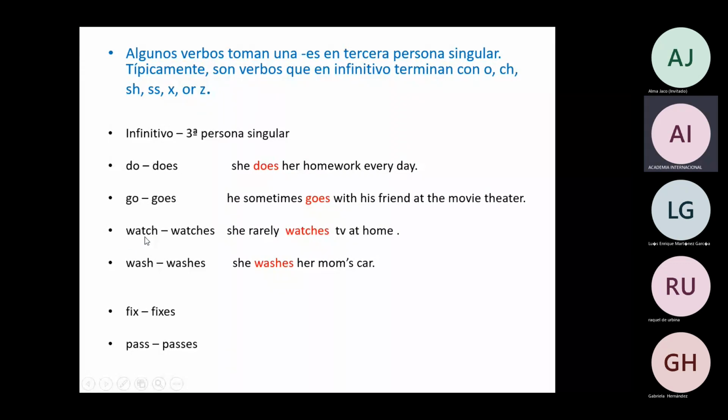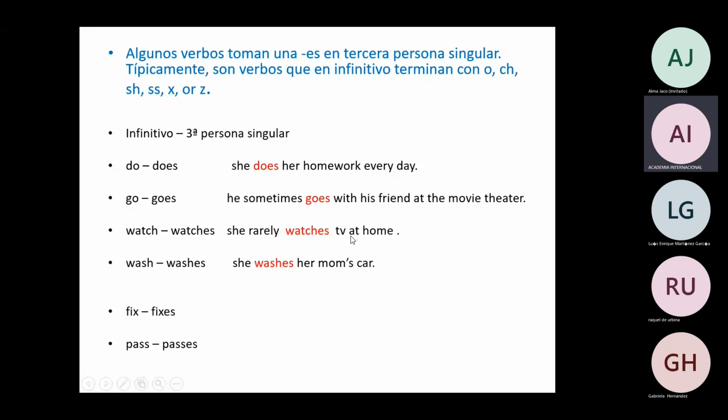Watch. This is another one. We have to add ES. Las letras ES. Solo imaginémonos que la pronunciación del verbo es watch. Pero ¿cómo diríamos la S? Watch-s. Sonaría rara, entonces por eso se le agrega ES. Watches.